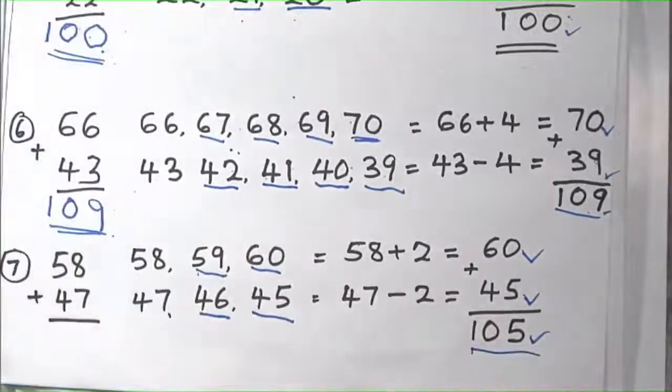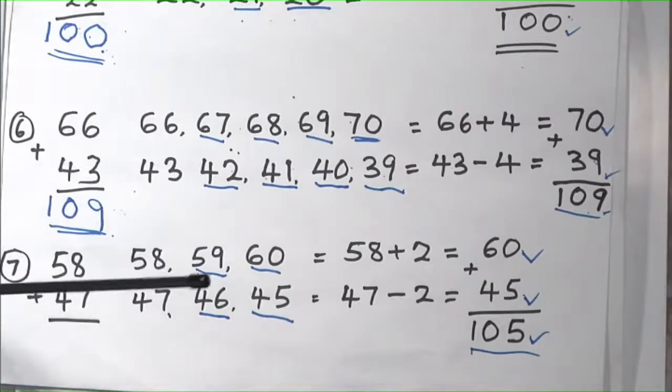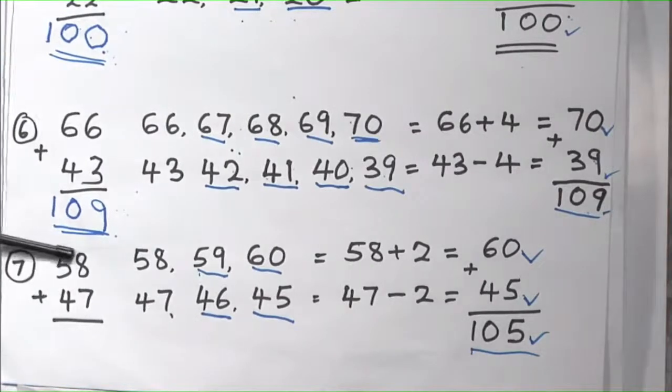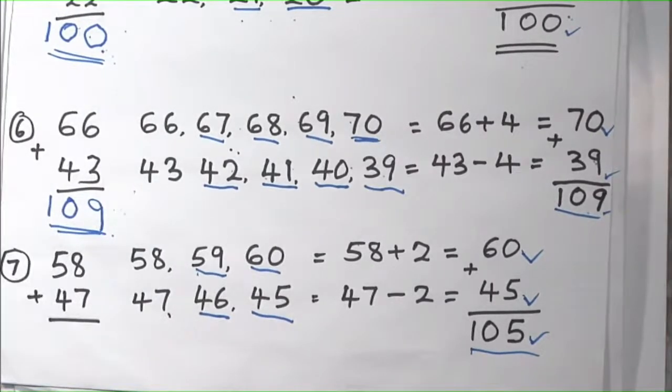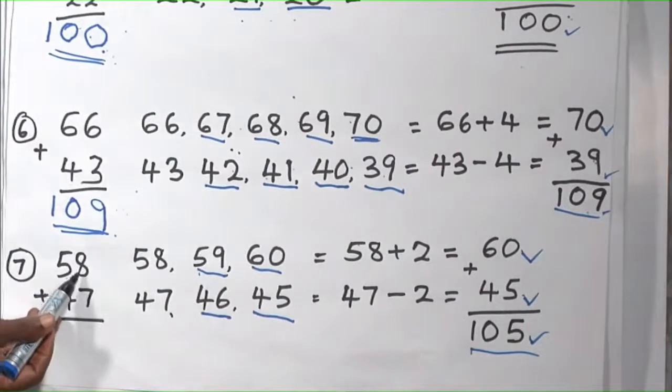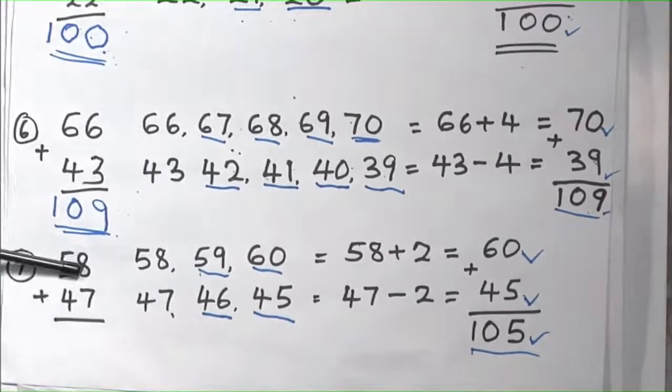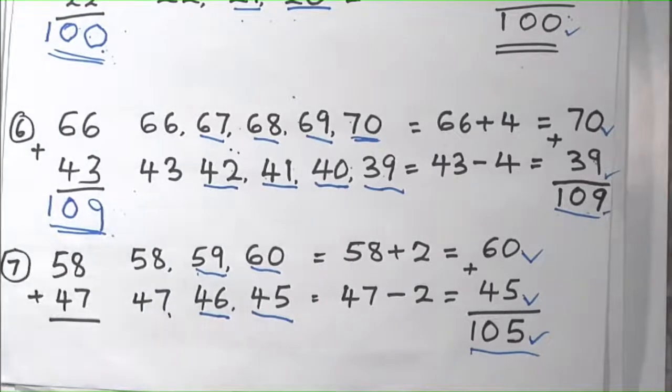So what will be the answer? 60 plus 45. 105. Let's check with 58 plus 47. 8 plus 7. Take 2 from the 7 and add to the 8. And that will be 10. Then the 5. That will give us 15.